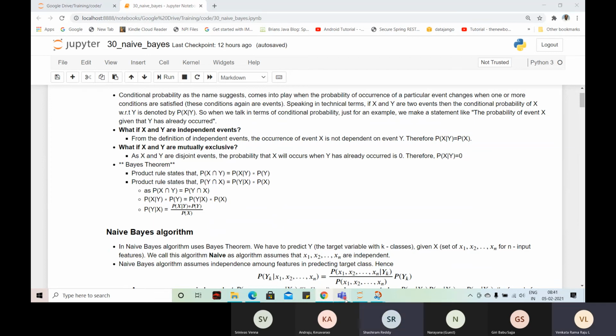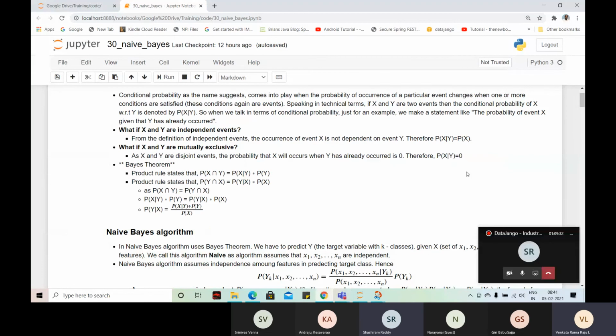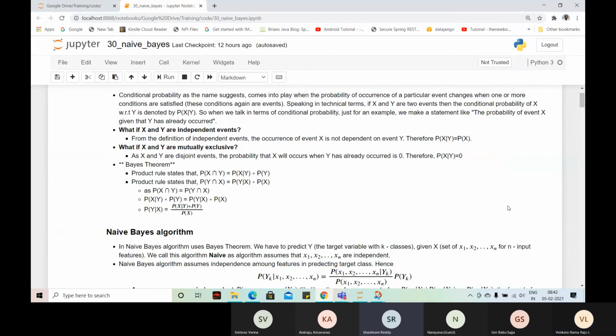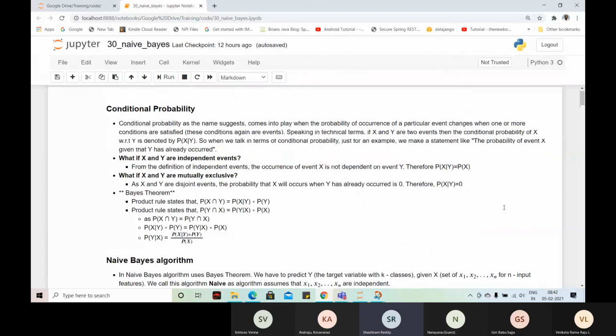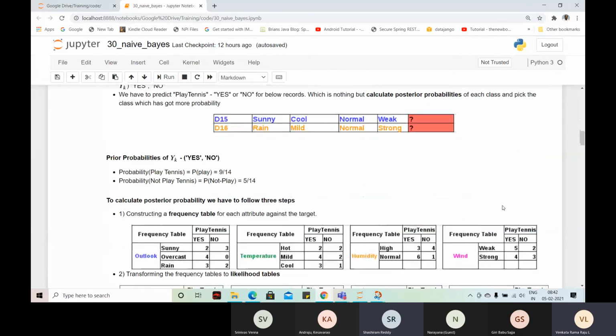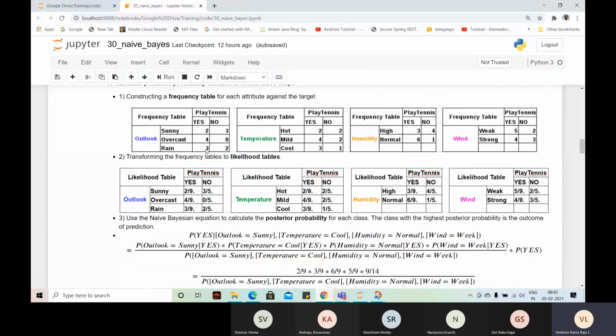Any questions? Sir, here we have taken the binary classifier. So how will the probabilities work with multi-class? We'll calculate multiple probabilities there. Here, given yes, given no, we calculated, right? We'll have another column here.